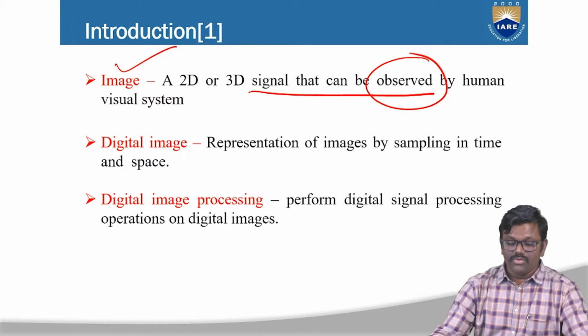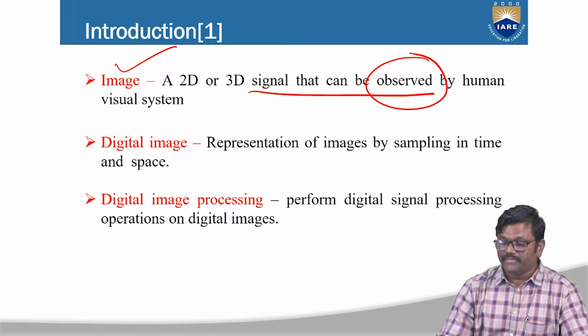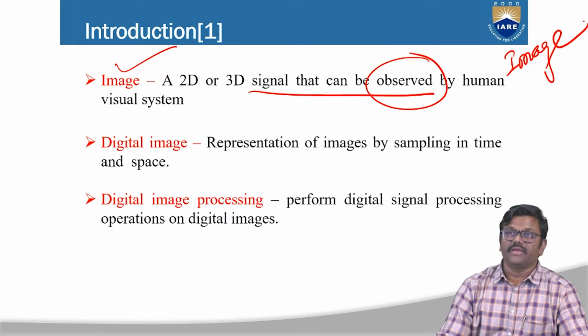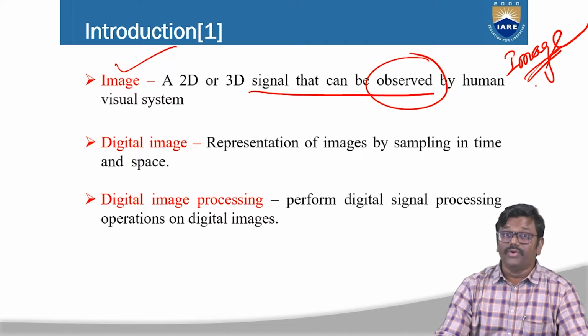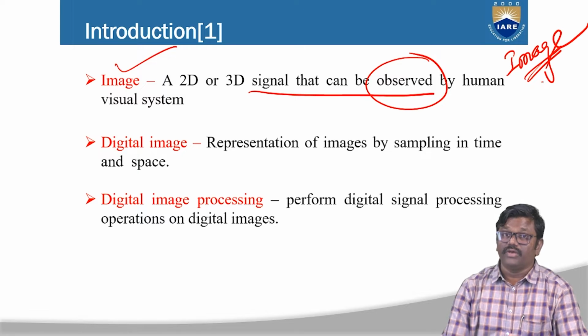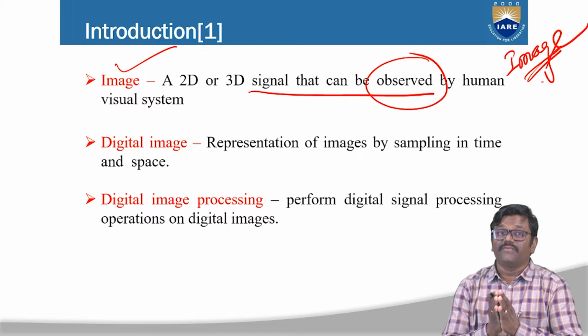Okay, now that we understood this, you have defined such an image. How have you defined it? By observing this real world as human beings, we see in front of us only two-dimensional images.